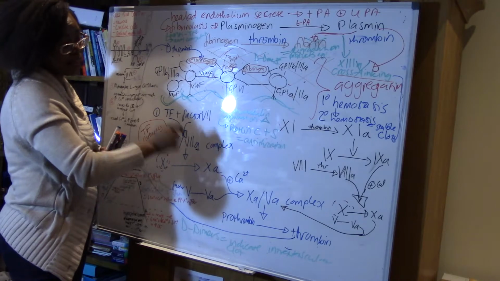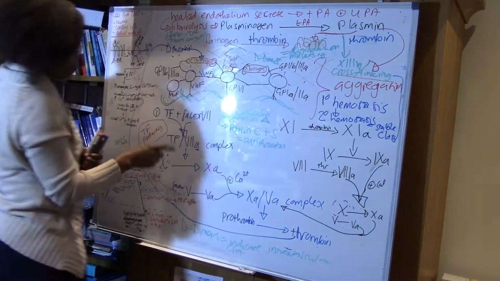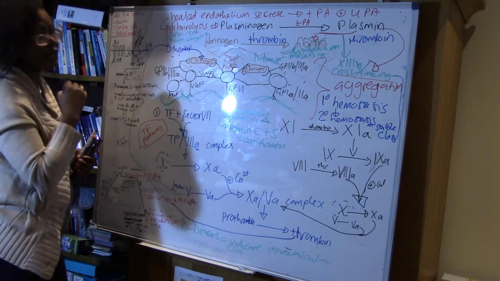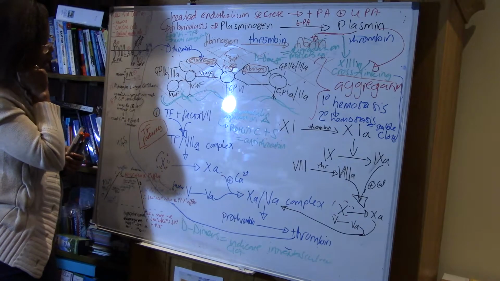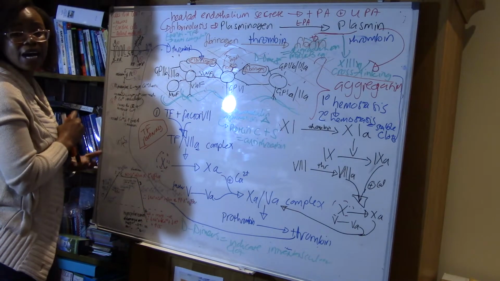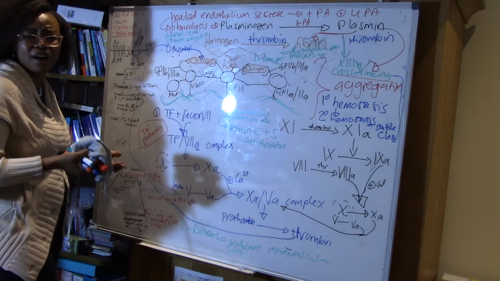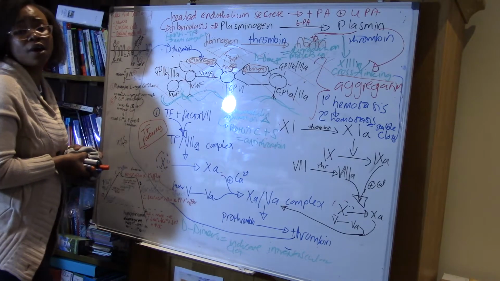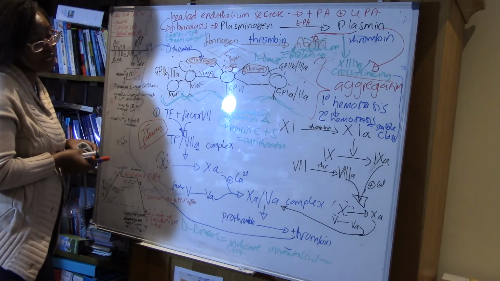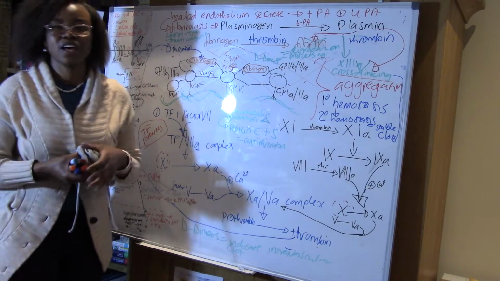Warfarin inhibits vitamin K dependent factors such as 7 and 10, and then there's heparin and other antiplatelets and anticoagulants. So I will look into that in the next section and show how that is then used in clinic. Thank you.